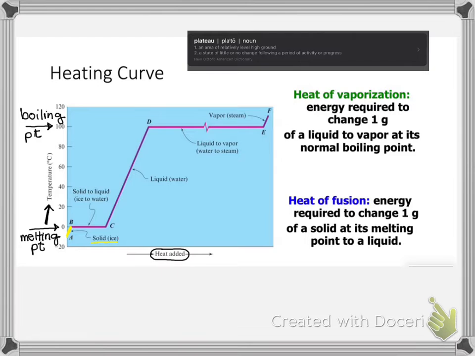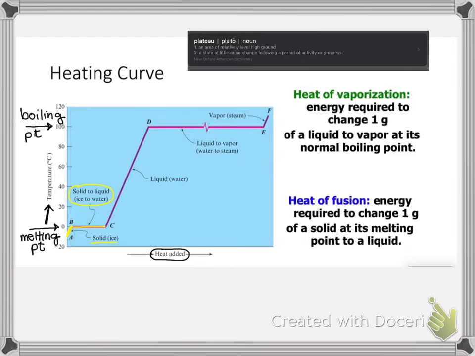Now, once it gets to 0, it's going to start melting. And the important thing to consider here is as long as there are two states, in that case two phases, in this it would be solid and liquid, two phases present, the temperature remains the same, and that creates the plateau.